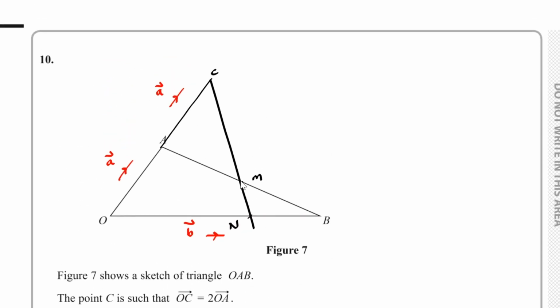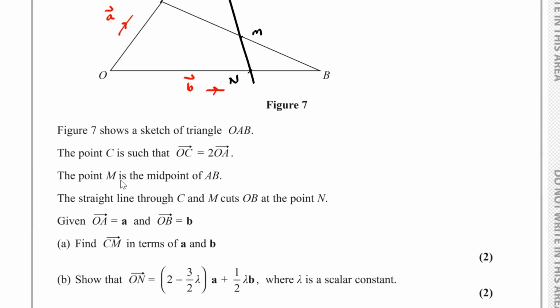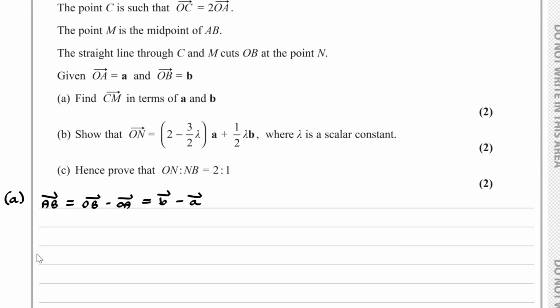The vector AM is equal to 1/2 of AB, the reason being M is the midpoint of AB. So we have 1/2 lots of b minus a, which is equal to 1/2 b minus 1/2 a.